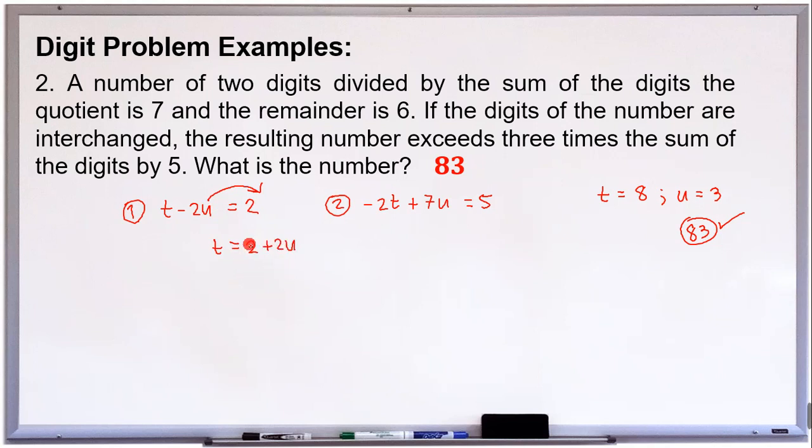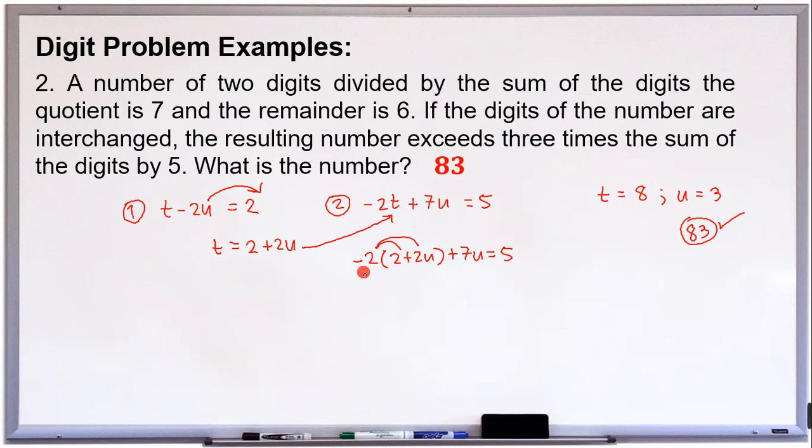Next, we are going to substitute this expression for t into the second equation. So we have negative 2, replace t with 2 plus 2u, and then plus 7u is equal to 5.